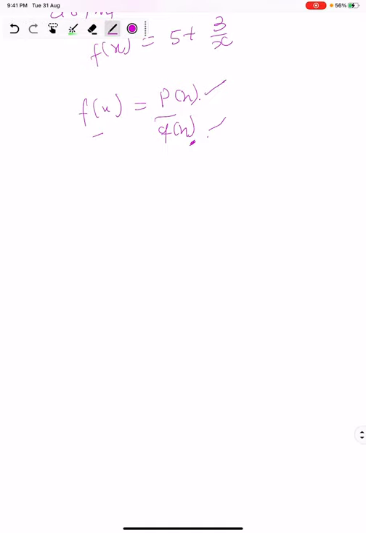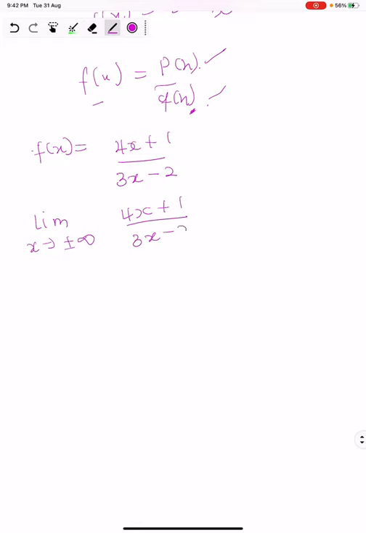All right, so for example, if I have f of x is equal to 4x plus 1 divided by 3x minus 2, then if I want to determine the horizontal asymptote, we find the limit as x approaches both positive and negative infinity of 4x plus 1 over 3x minus 2.